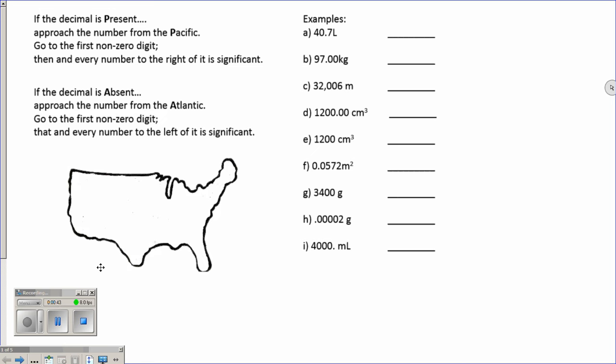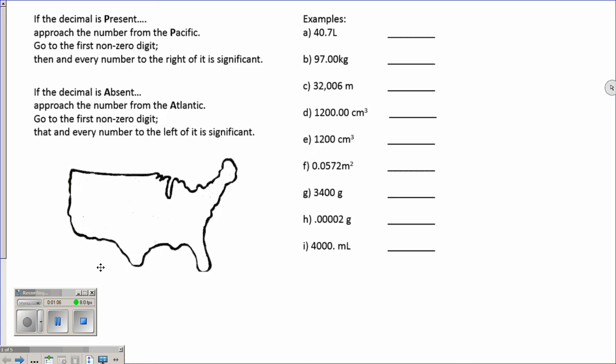So here's the issue with significant figures. When I say figures, I'm talking about numbers. So there are rules about significant digits, and the rules go like this. All non-zero digits are considered significant. The second rule is that, so that leaves us with just the zeros, right?